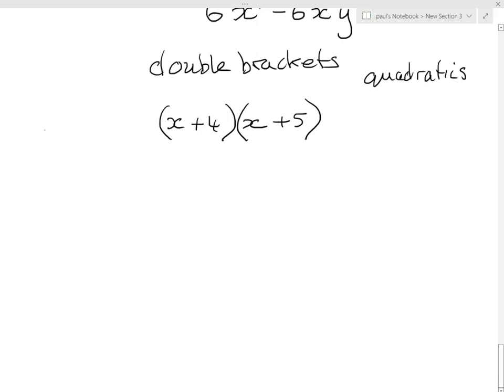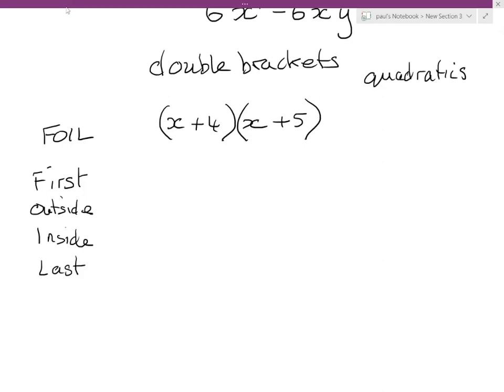Right, so we're going to use something called FOIL. The F stands for first, the O is outside, the I is inside, and the L is last. Now these are the positions within the brackets, and this is the order in which we multiply.